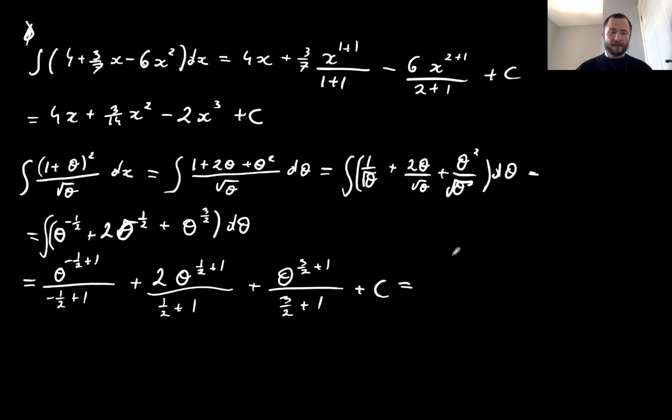So after simplifying this, I'm going to get for the first term, above the line, minus half plus 1 is a half, and half divided by a half is 2, so that would be 2 theta to the power of half. Then for the second term, I have 2 theta to the power of 3 over 2, all divided by 3 over 2. So the 2s will cancel, and I'm going to get 4 over 3 theta to the power of 3 over 2.